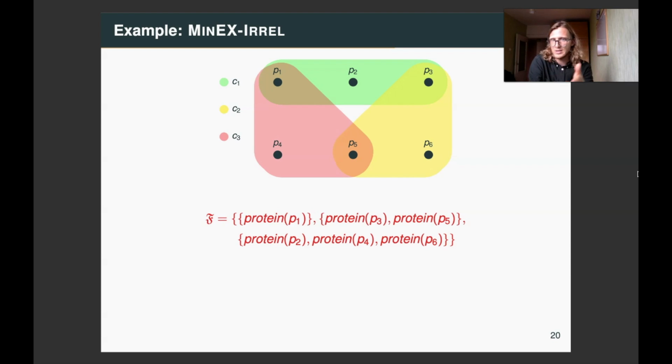We don't want protein 1 to occur in the minimal explanation. We don't want P3 and P5 to occur together. And we don't want P2, P4, P6 to occur together. Maybe we know that they're incompatible. In that situation, we have that there is a minimal explanation that does not contain any of these forbidden subsets, that is P3, P4. Okay?